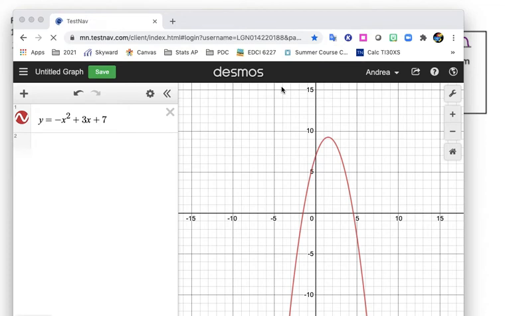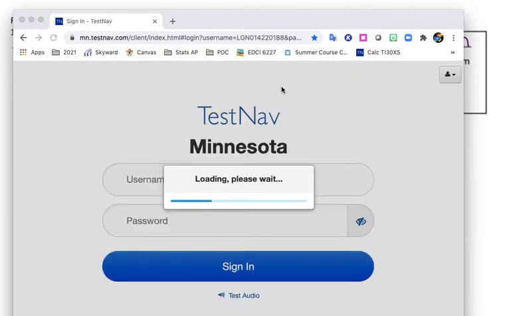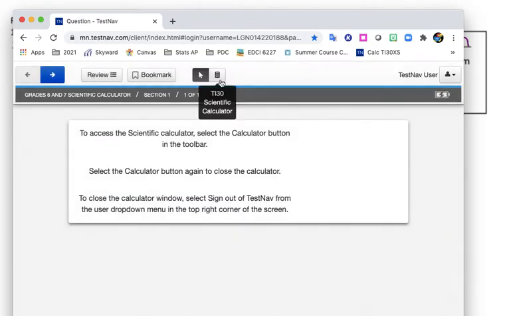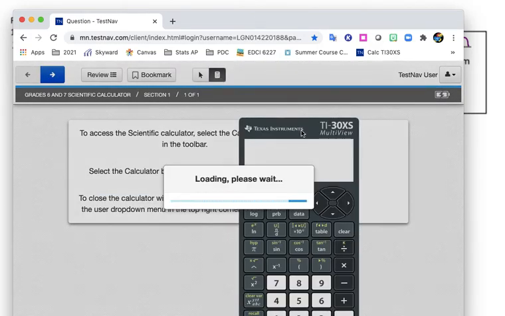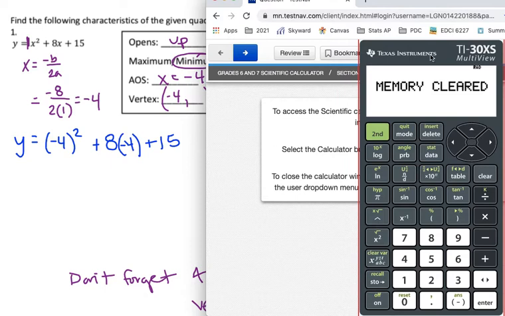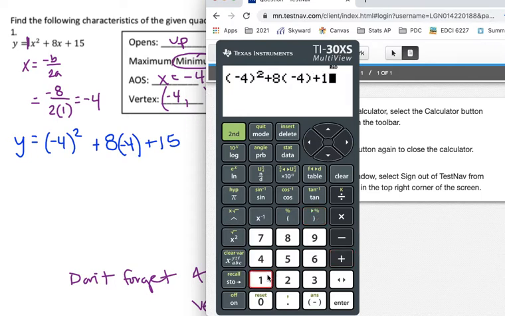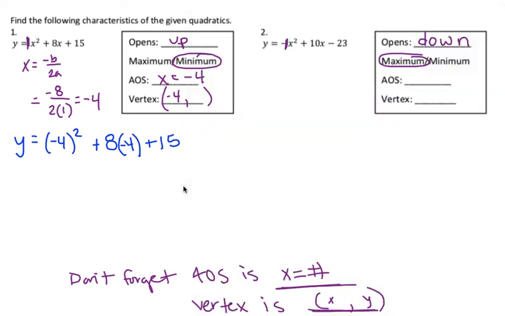I'm just using the one that's on my resource page so that you can see what I'm doing here. Okay, so now it says to do parentheses -4 squared plus 8 times -4 plus 15. All right, so my y value is going to be -1.